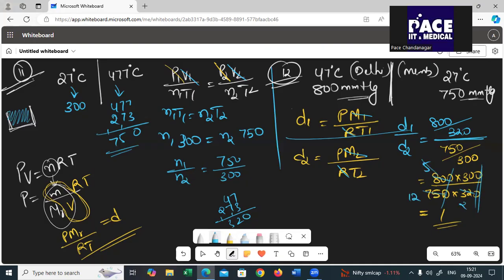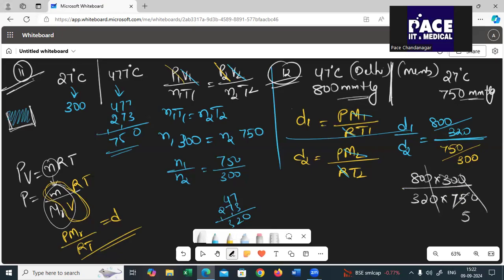There is some 800 times 300 by 750 times 320. Check one more time. I hope my calculation is right. Yeah, 800 times 300 by 320 times 750. 15 fives are 75, 16 fives are 80, 80, that is one. Yes, one only. All right.